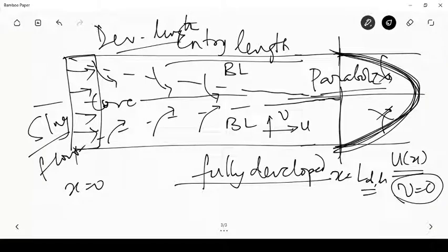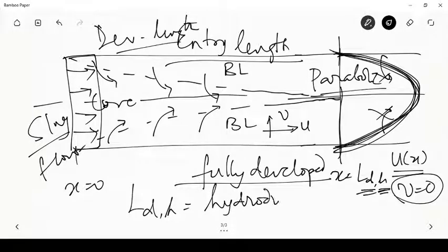The velocity profile develops from the inlet up to the development length, and that's why LD, and H stands for hydrodynamic development length. So LD comma H is called the hydrodynamic development length. That's why it's LDH.